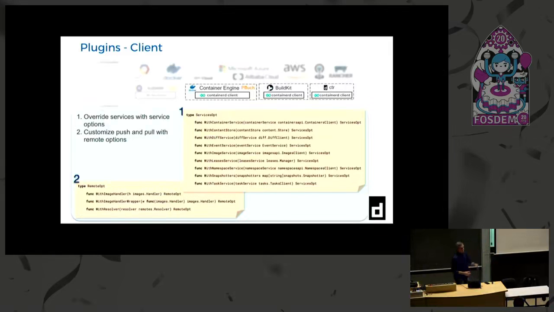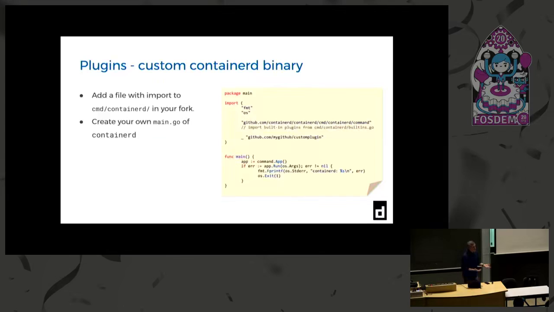So that's how Amazon wrote their ECR resolver. And again, you can also replace any service, the lease service, the events, the diff service, the content store. You can use all these handlers to have your own custom implementations, again, without having to change a line of code of Containerd. You can also create your own Containerd binary embedded in your project. That's what Darren Shepherd did with K3s.